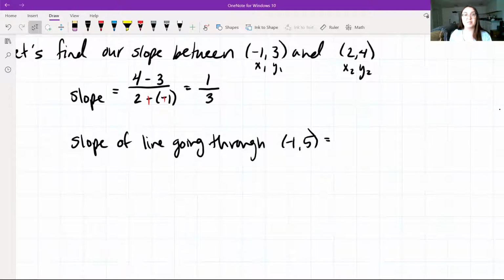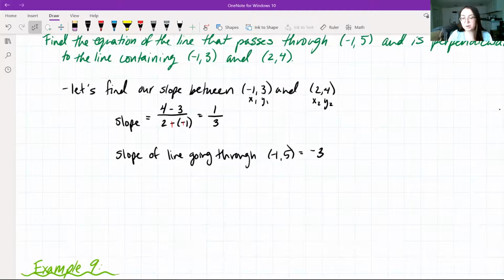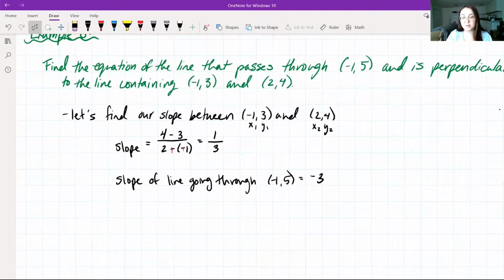So remember with negative reciprocal, we're going to add a negative, and we're going to flip the numerator and the denominator. So in this case, it would be -3 divided by 1. 3 divided by 1 is just going to be 3. So we know that the slope of our line going through -1, 5 is -3. Now we have a slope, and we have a point, so we're going to use our point slope form.